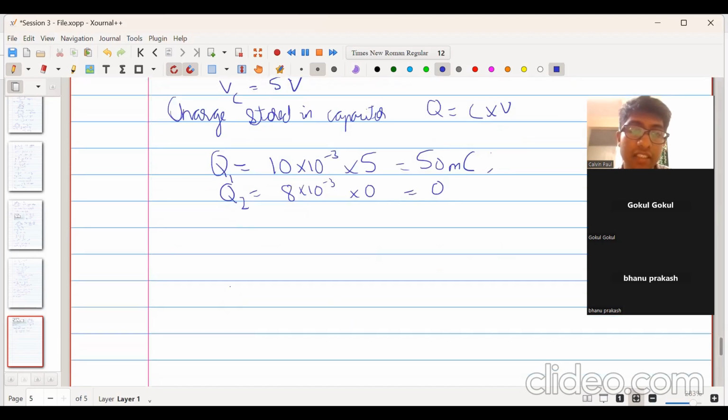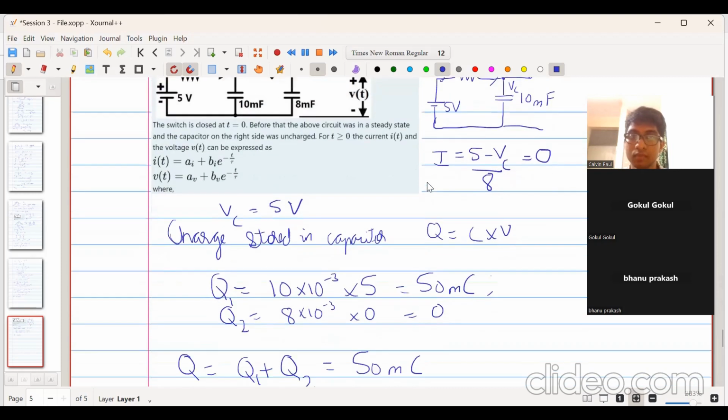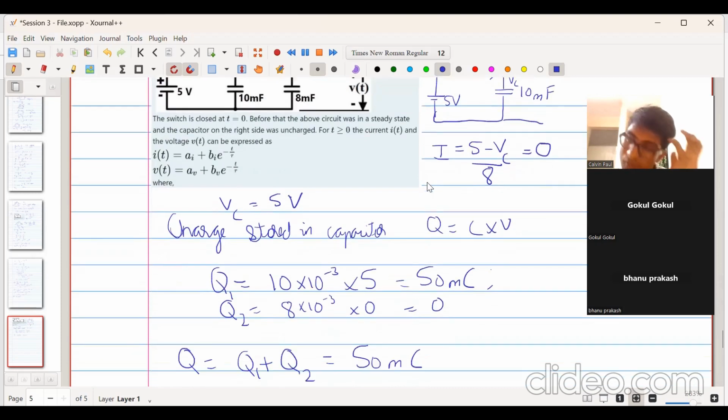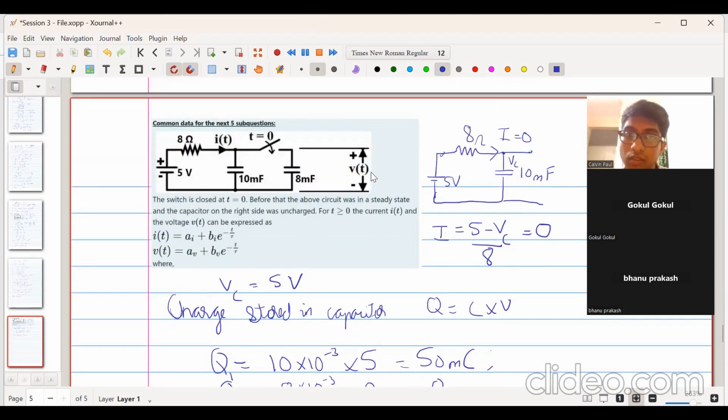So the total charge stored in both the capacitors at time t equal to 0 is Q equal to Q1 plus Q2, which is equal to 50 millicoulomb. Any doubts in this?